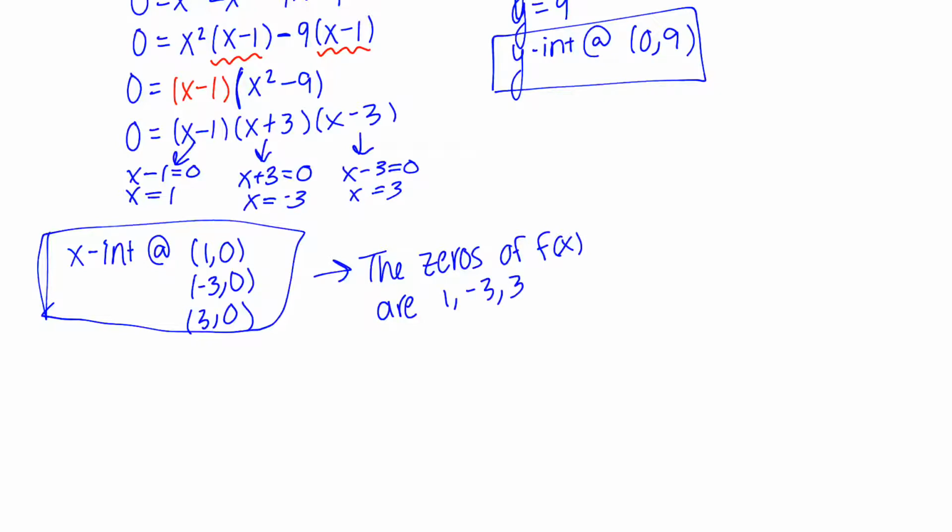Now look at where they came from. So 1 came from the factor x minus 1. -3 came from the factor x plus 3. And 3 itself came from the factor x minus 3. So whatever the 0 is, when the polynomial is factored, the factor that it comes from is going to have x minus the 0.